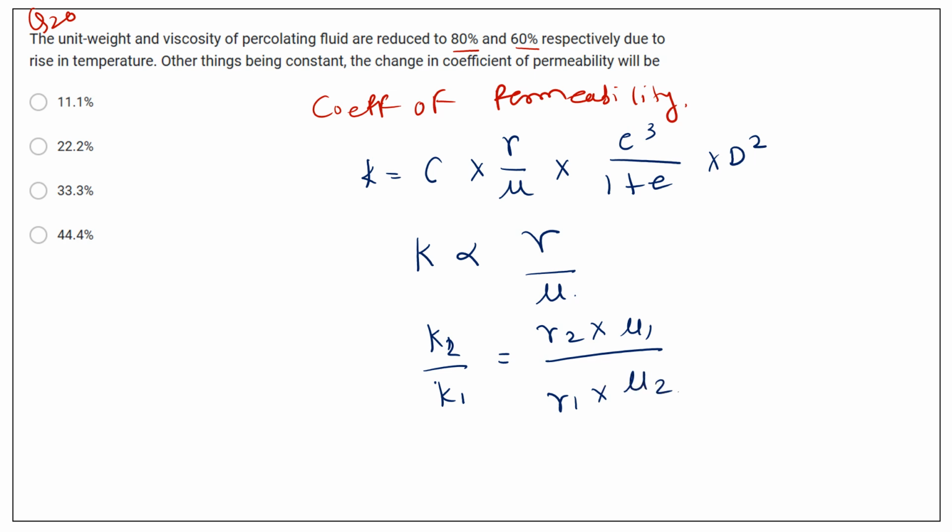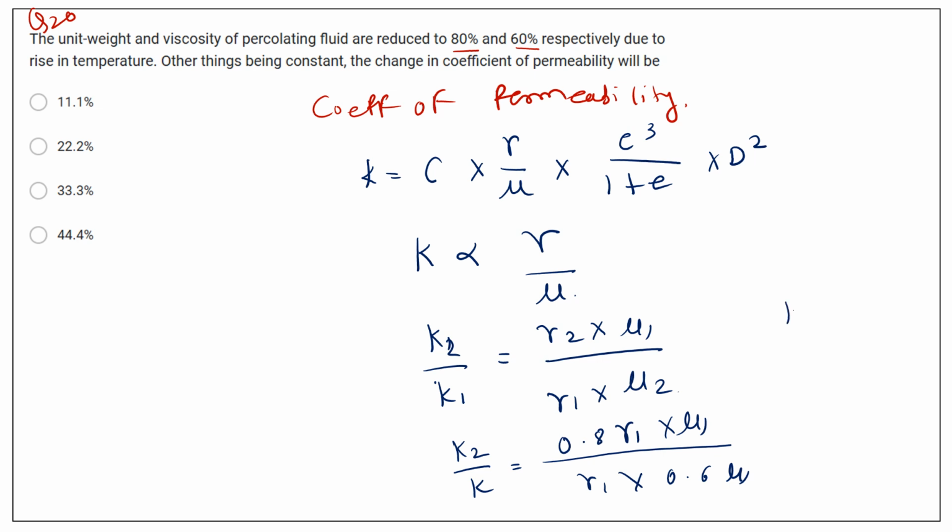By putting the given values into this equation, K2 by K1 is equal to 0.8 gamma 1 into mu 1 divided by gamma 1 into 0.6 mu 1, because in this case the unit weight and viscosity values are reduced to 80% and 60% respectively. So I take gamma 2 as 0.8 of gamma 1 and mu 2 as 0.6 of mu 1.